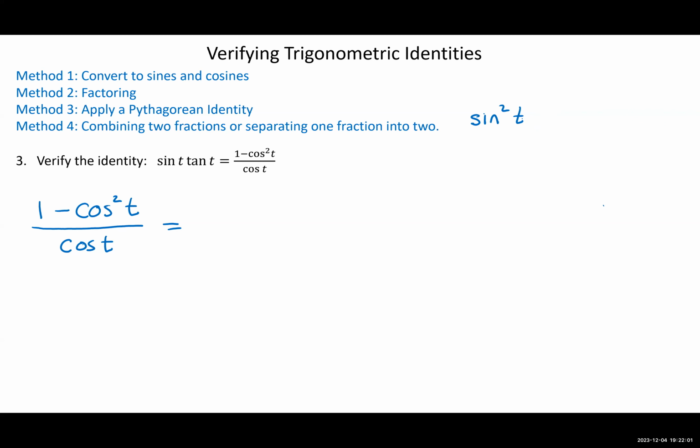So sine squared of t plus cosine squared of t is equal to 1. If we subtract cosine squared from both sides, we get sine squared of t is equal to 1 minus cosine squared of t. All right, so 1 minus cosine squared is equal to sine squared.